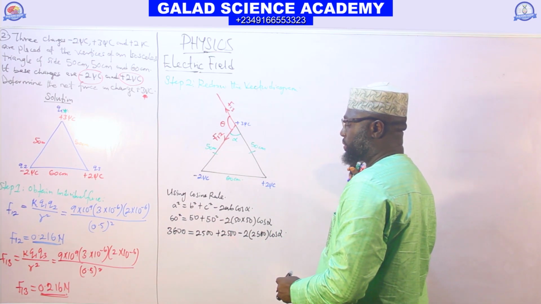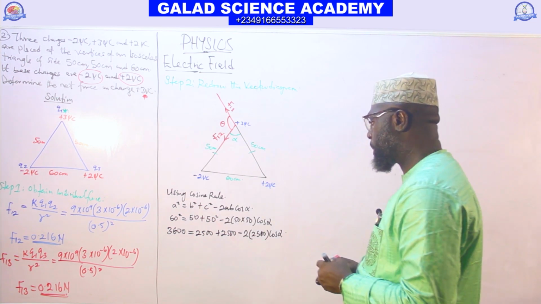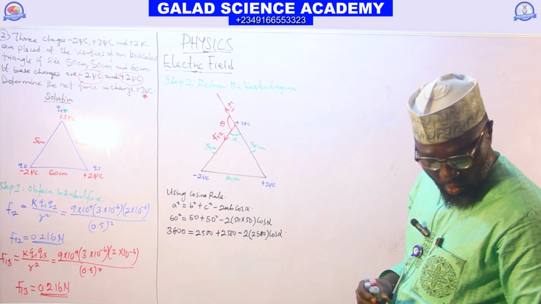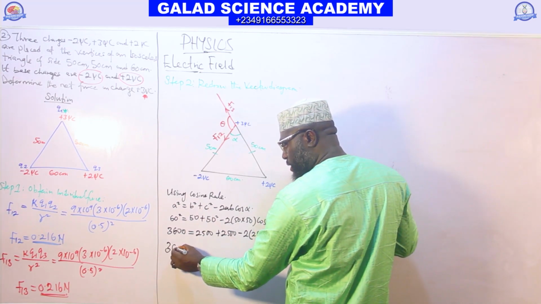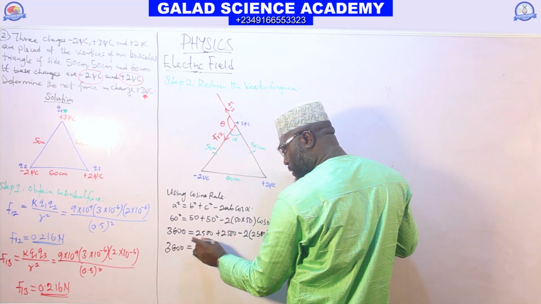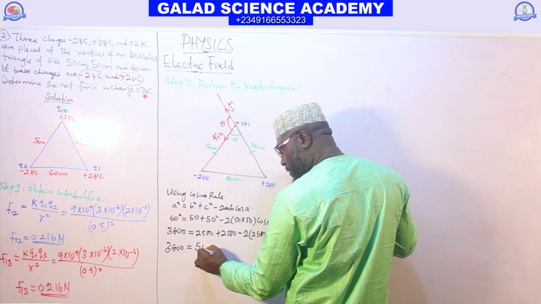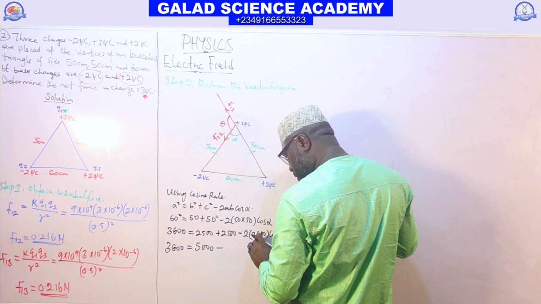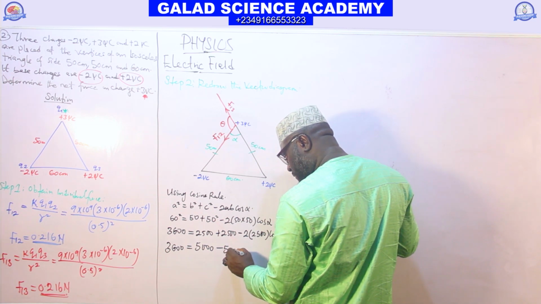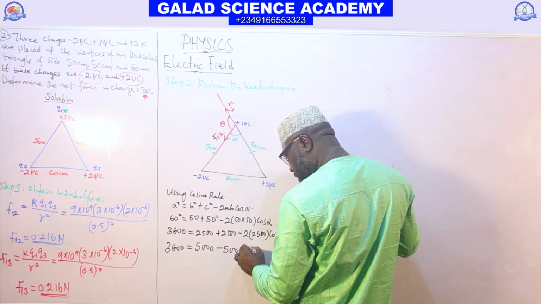5,000. So we have 3,600 plus this. We have 50 minus 2 times this 5,000 plus alpha.